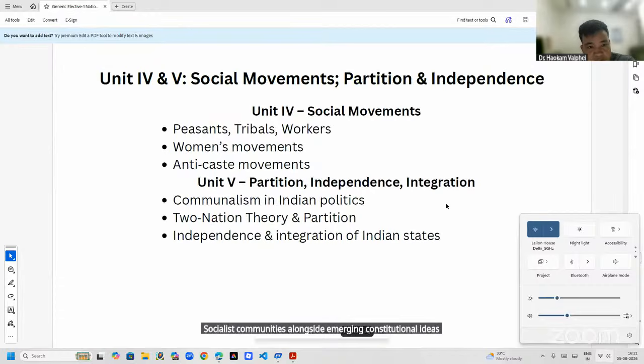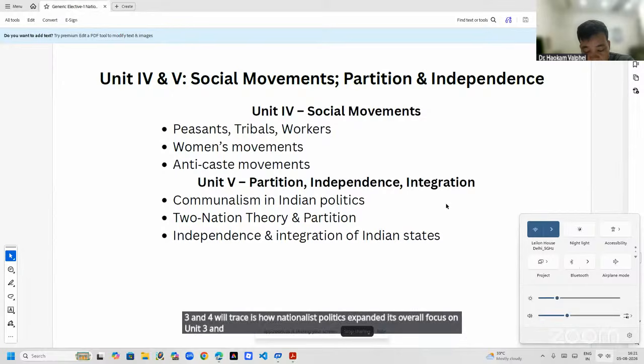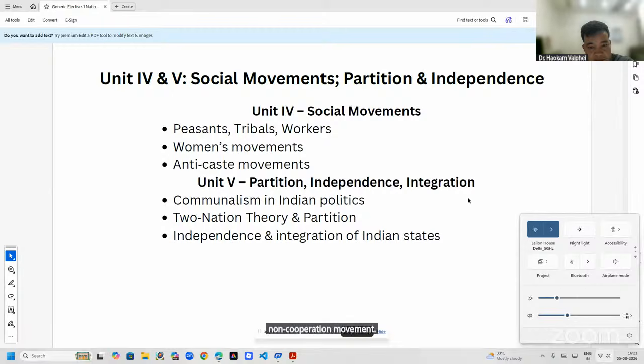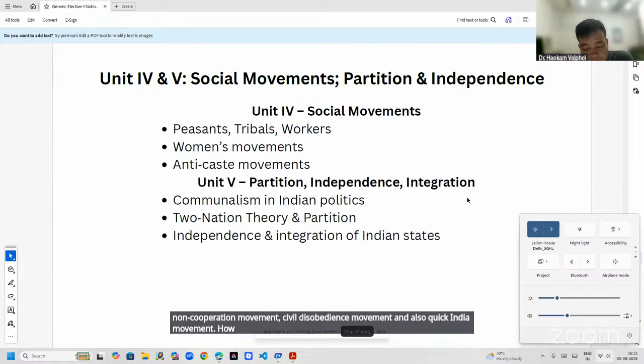A major focus on Units 3 and 4 will also be on Gandhiji's mass mobilization, the non-cooperation movement, civil disobedience movement, and the Quit India movement, and how these socio-cultural organizations link everyday life to the national movement.